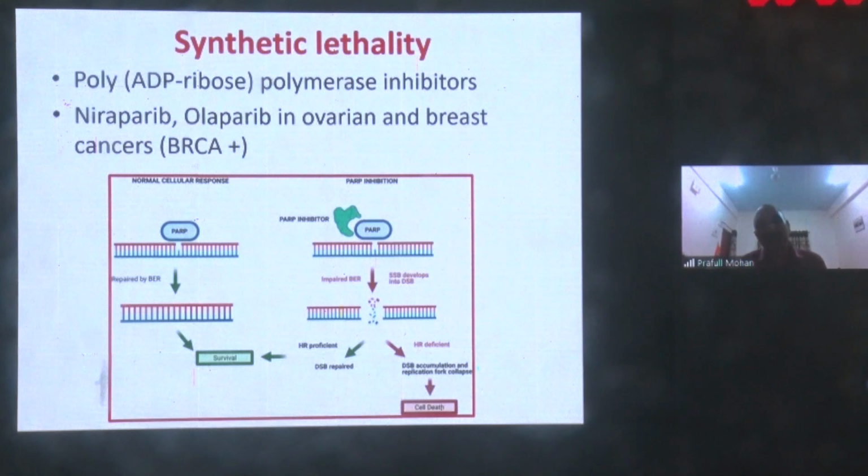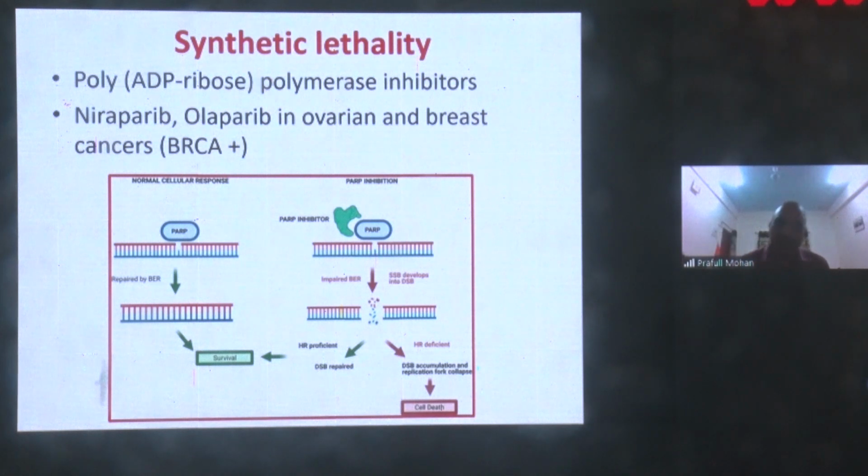Now there is a very interesting concept of synthetic lethality. So synthetic lethality is basically a conjoined attack by 2 agents. In isolation, they will not be able to work. So basically you have something known as PARP inhibitors. PARPs are required for repair of DNA damage.